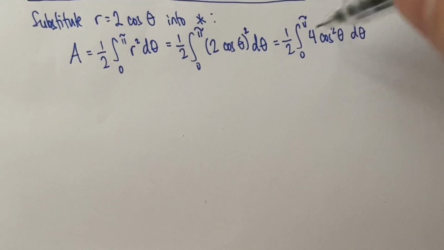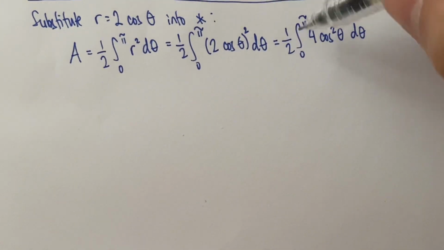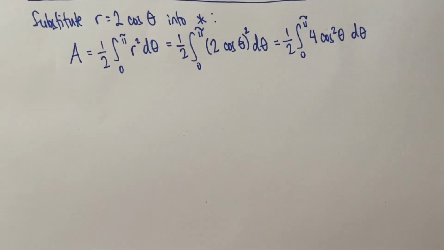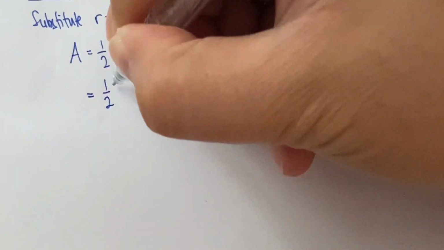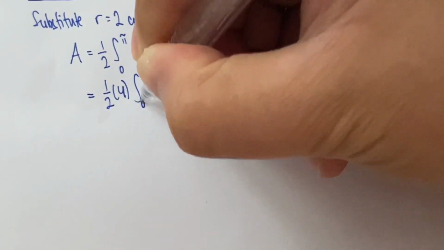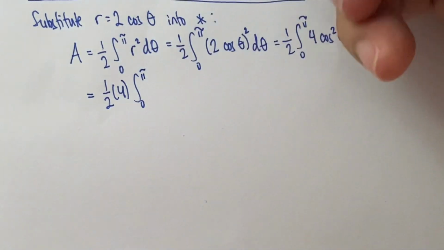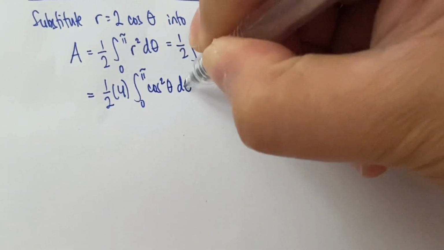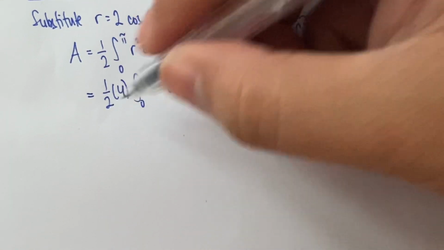The next step: there's a property of integrals where we can move this number outside the integral sign, since it's a constant. So what we have is 1/2 times 4 times the integral from 0 to pi of cosine squared theta d theta. 1/2 times 4 gives us 2.